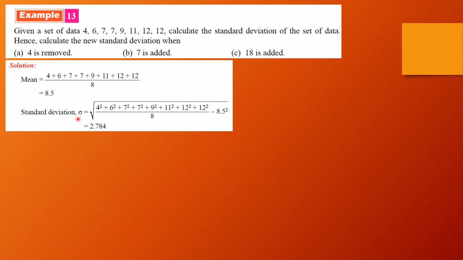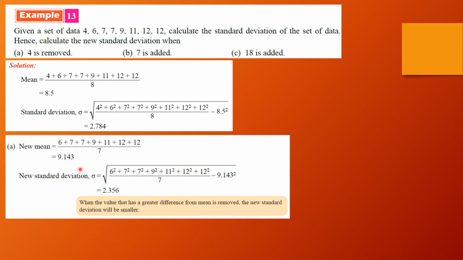Then use the formula, find the sum of squares first: 4 squared plus 6 squared plus 7 squared plus 7 squared plus 9 squared plus 11 squared plus 12 squared plus 12 squared, divided by the number of data, that is 8, minus the mean squared. This is the formula for standard deviation. Then you square root, so you will get 2.784.